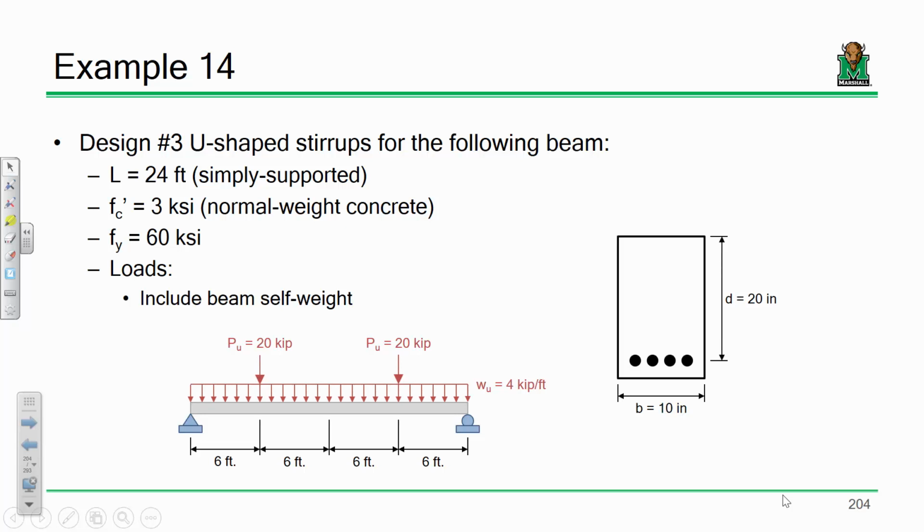And so this one is only going to be from x equals 0 feet to x equals 6 feet. And this one is going to be from x equals 6 feet to x equals 12 feet. Is everybody okay with that? Does that make sense? If it doesn't, please tell me.